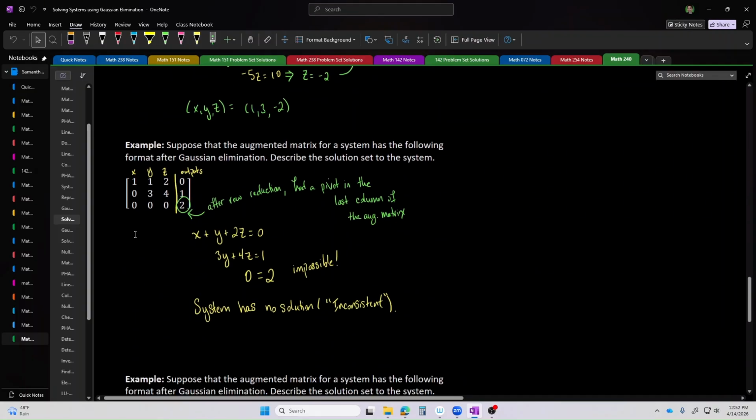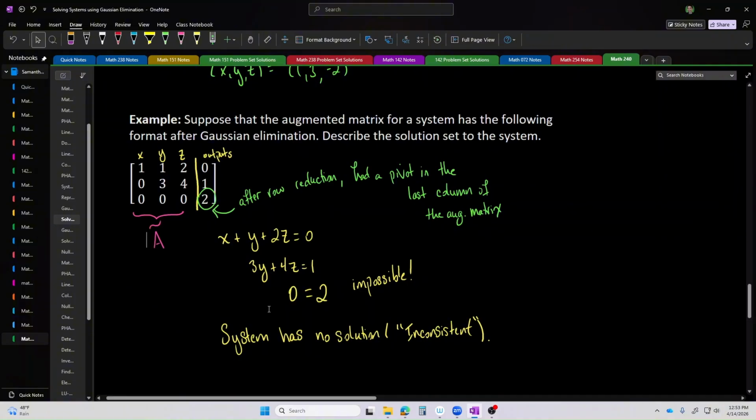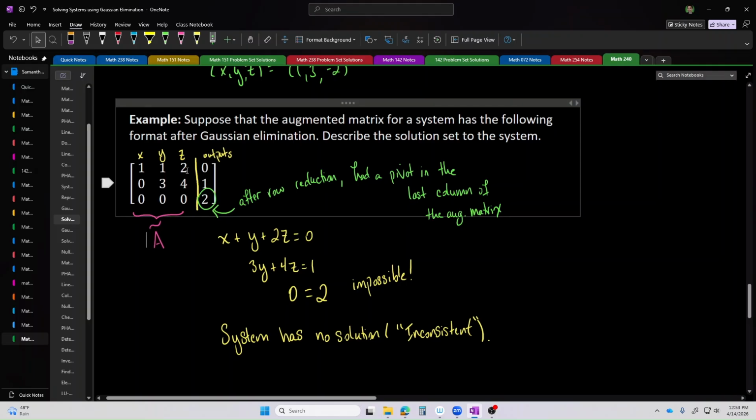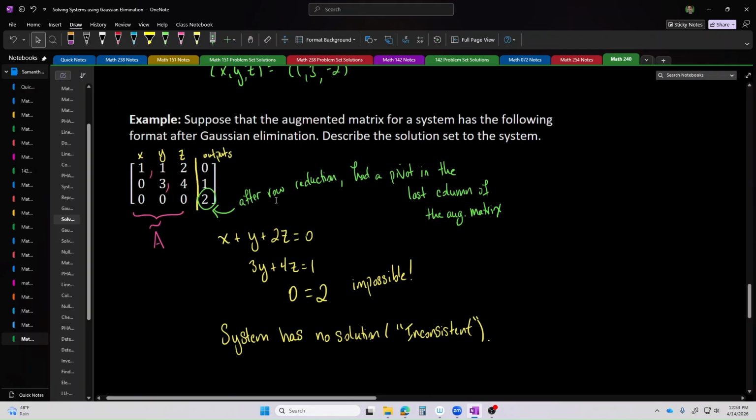Let's do this one. And the A tilde in this problem, the coefficient portion of this augmented matrix, this is a 3 by 3 matrix over here on the left side. So this would be the row reduced coefficient matrix A tilde in this problem. Now notice that this coefficient matrix has 3 rows and 3 columns. But after row reduction, we only ended up with 2 pivots on the coefficient side of the augmented matrix.